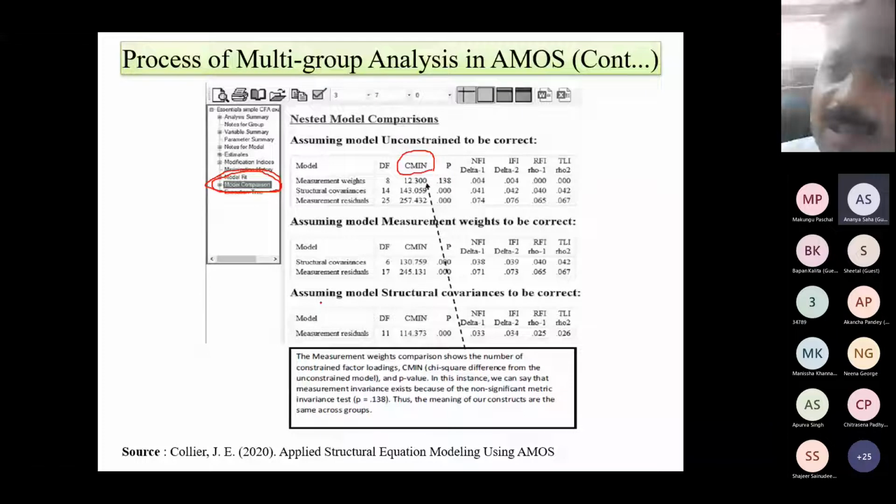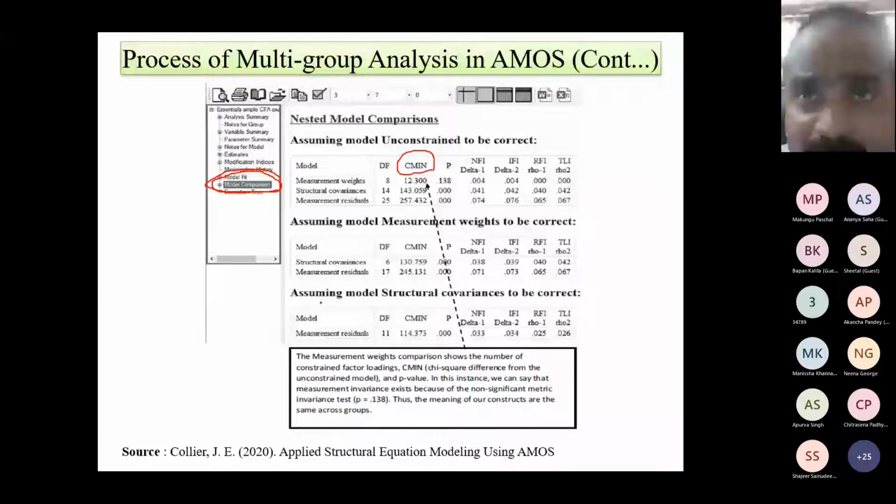But whenever I go to the chi-square difference comparison, I will use different terms. If we win, then we will say the same indicators are measuring the same construct invariably for male and female. If we fail, then we'll say the indicators are measuring the constructs differently.